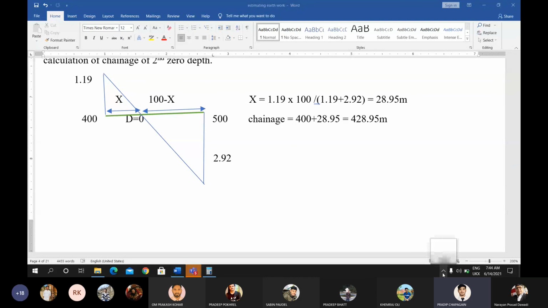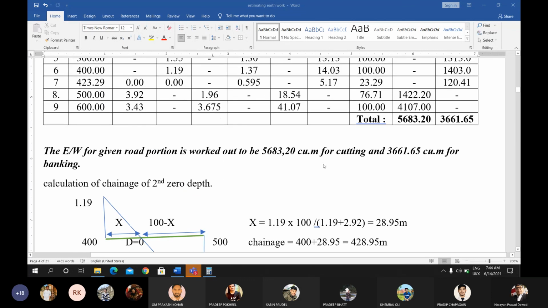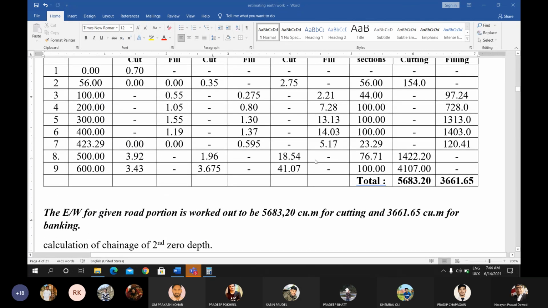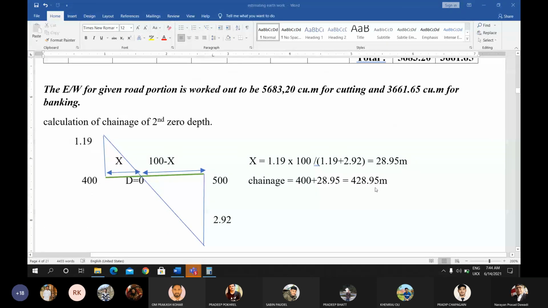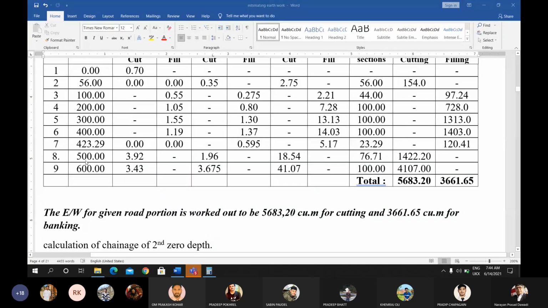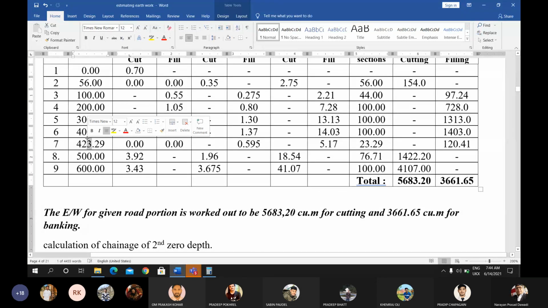Our time is over. That's why I have done up to this only. For today we'll do, after we have calculated all these things here. For the first channel it is 56 meter, and for the D equal to 0 it is 428.95 meter here.